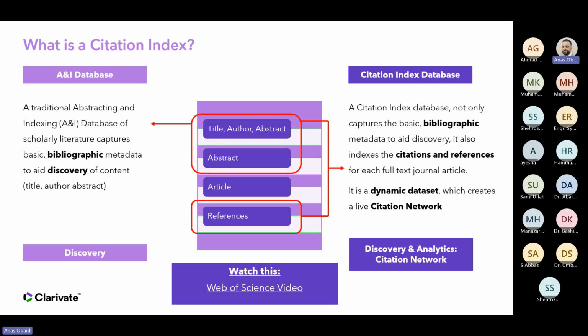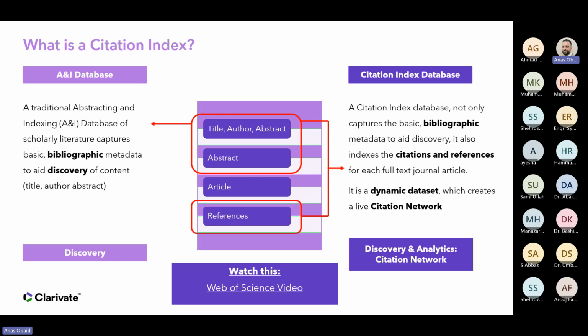While in a citation index database, beside that, you have the full citations and references. So let's say a paper is citing 20, 30, 50, 100 references. You will find all the citations with all the references available within the citation index and within the Web of Science Core Collection.